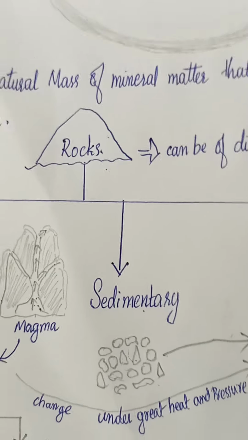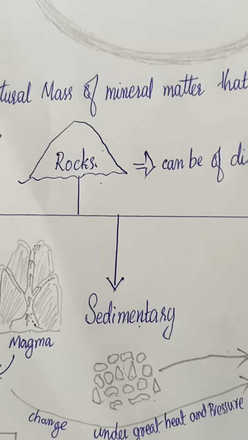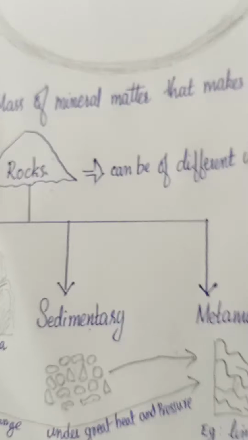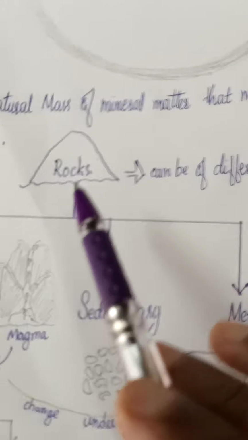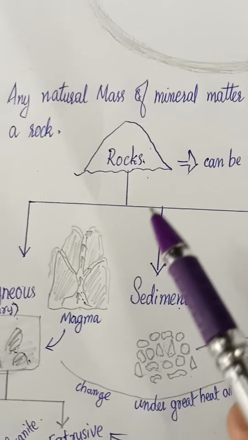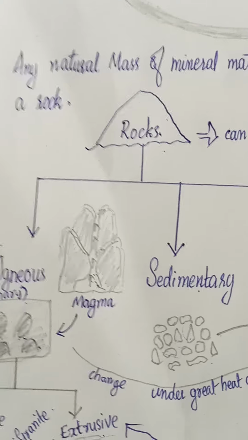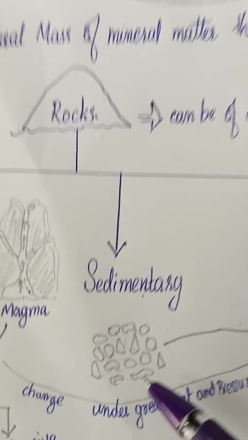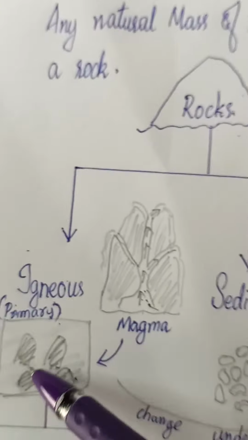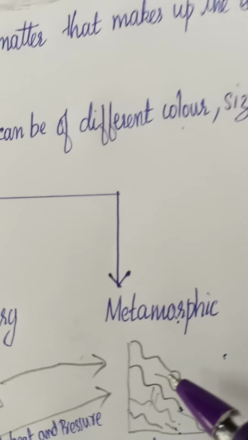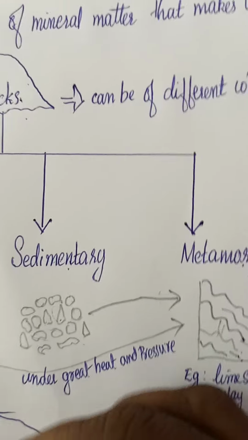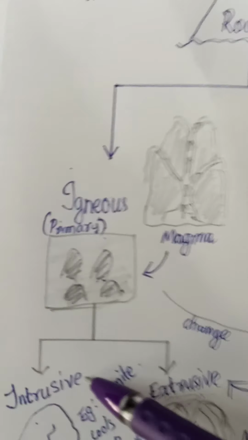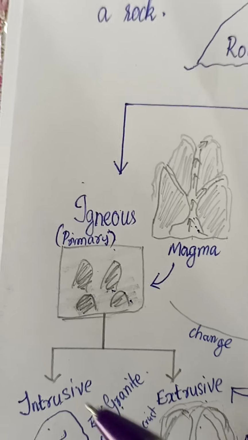I hope you understand what the crust is, how rocks are formed, and the different types of rocks: igneous, sedimentary and metamorphic. Also how sediments are formed, how igneous and metamorphic rocks are formed, and how igneous rocks are divided into intrusive and extrusive.